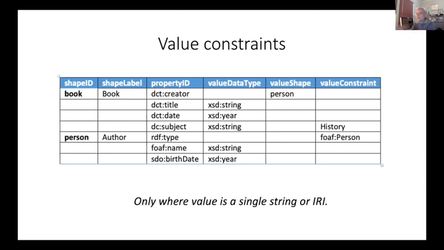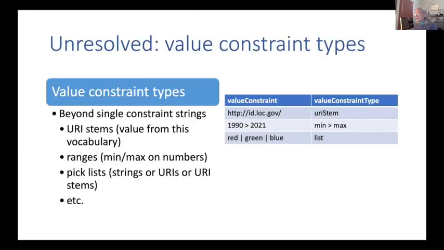So if you want to say the subject is always history, the string history, you can put that in value constraint. I think you can see the limitations of this.